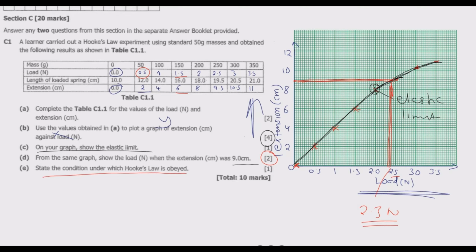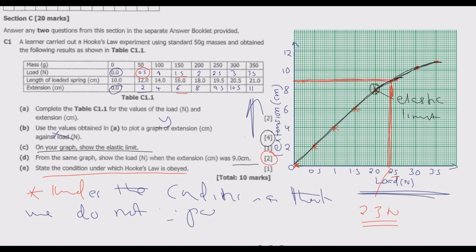Hooke's law is only obeyed under the condition that we do not pass the elastic limit. As long as we don't pass the elastic limit, the force applied to a spring will be directly proportional to its extension.